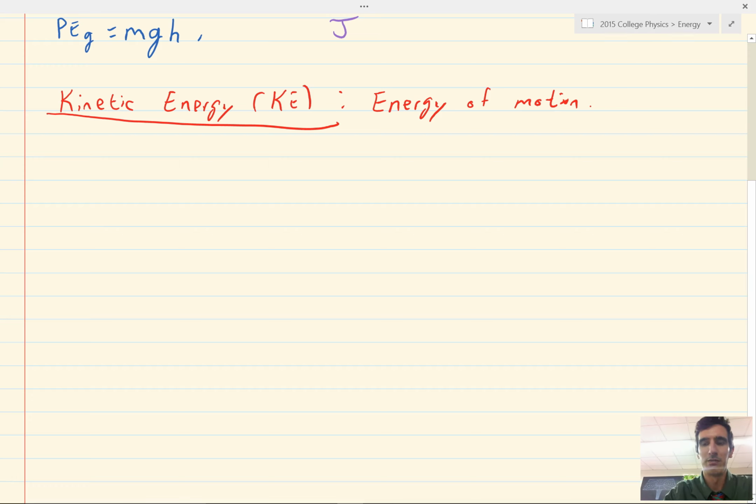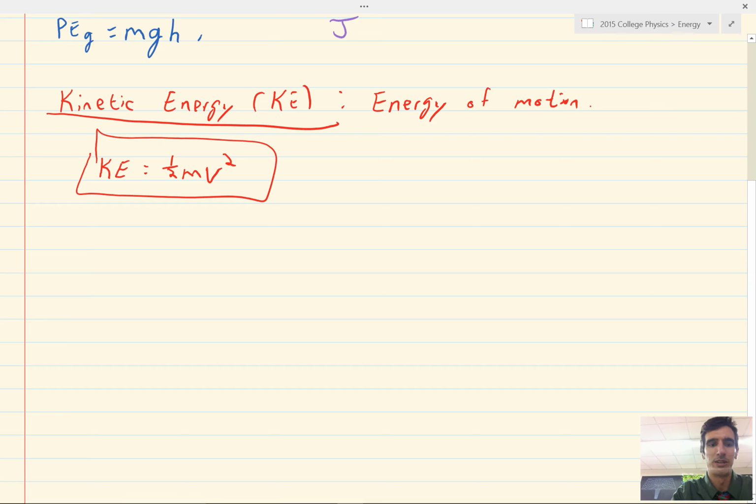So it's the energy of motion. The formula, we're going to develop it, but I'll give it to you right now. The formula for kinetic energy, KE, is 1/2 mass times velocity squared. So 1/2 mv squared.